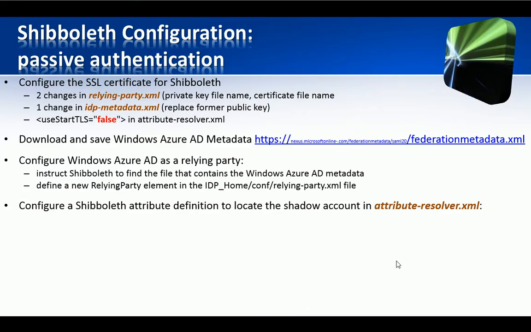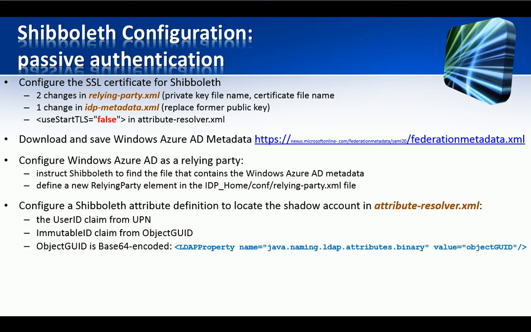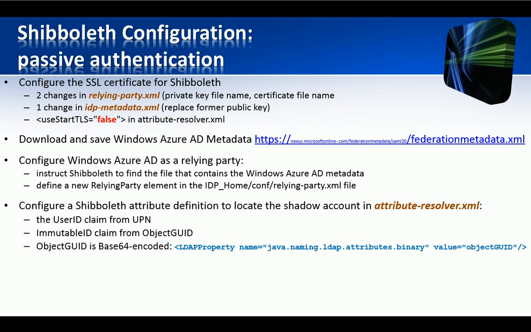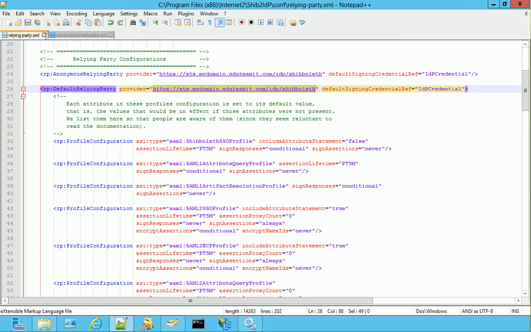Now we configure a Shibboleth attribute definition to locate the shadow account in Attribute Resolver XML. Well, without too many details, please note that the user ID takes the UPN, while the immutable ID claim takes the object GUID. And as you may remember, the object GUID must be base64 encoded. We can close the previous files.